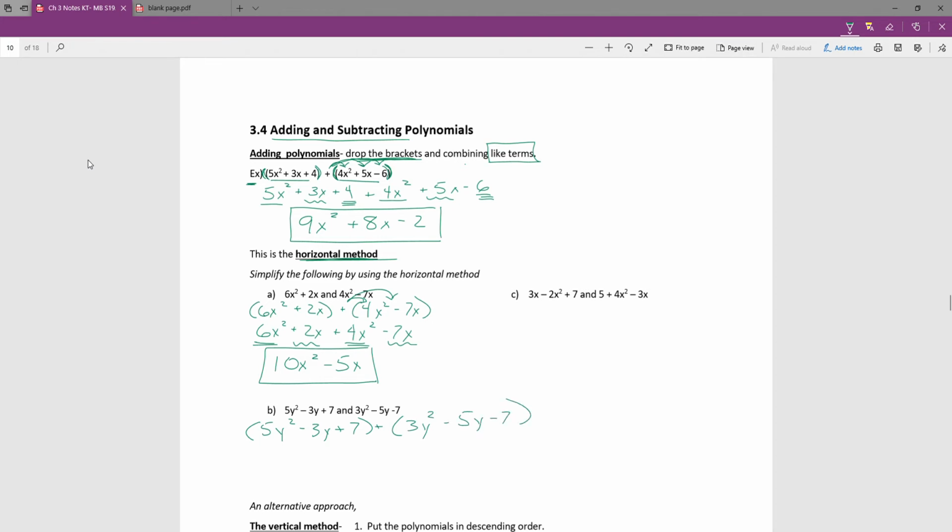Because I get a chance to do this, we're intentionally dropping the brackets, which I know doesn't do anything, but it's as if we're thinking about that positive sign distributing through the second bracket. So rewriting it without the brackets. And then taking a look for like terms.